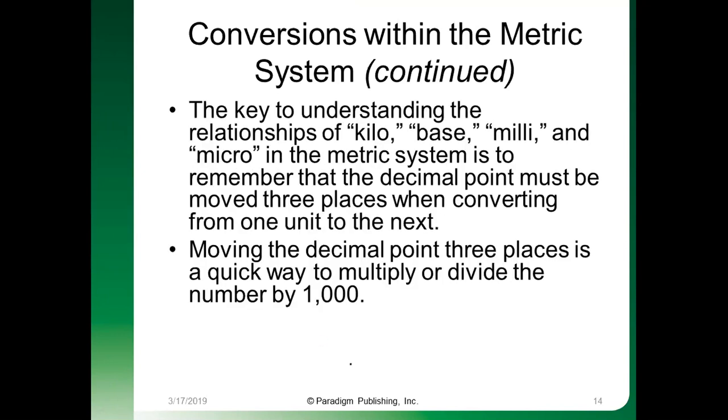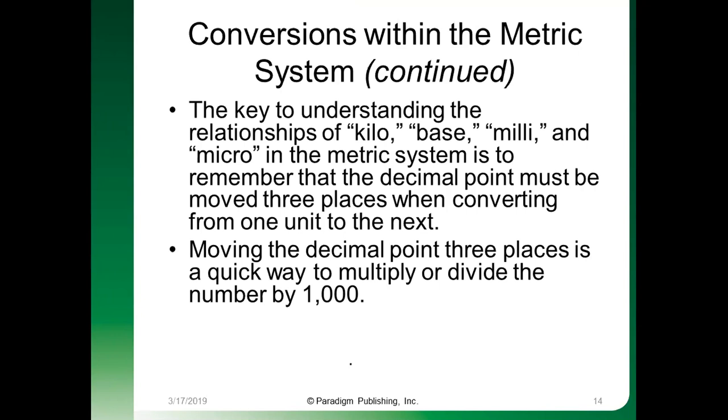The key to understand the relationship of kilo, base, milli, and micro in the metric system is to remember that the decimal point must be moved 3 places when converting from one unit to the next.